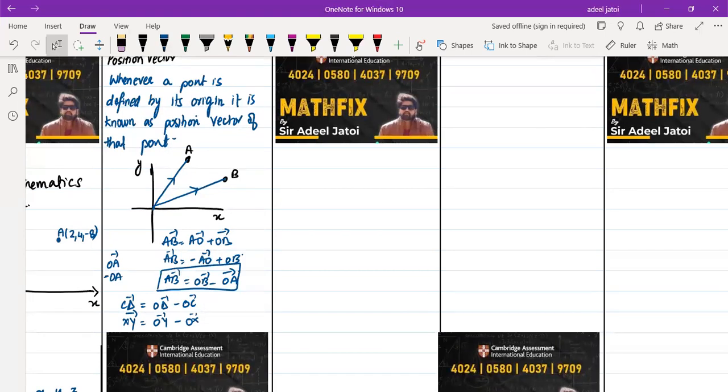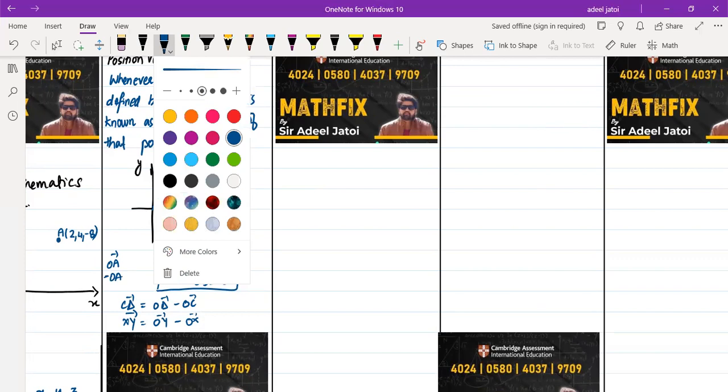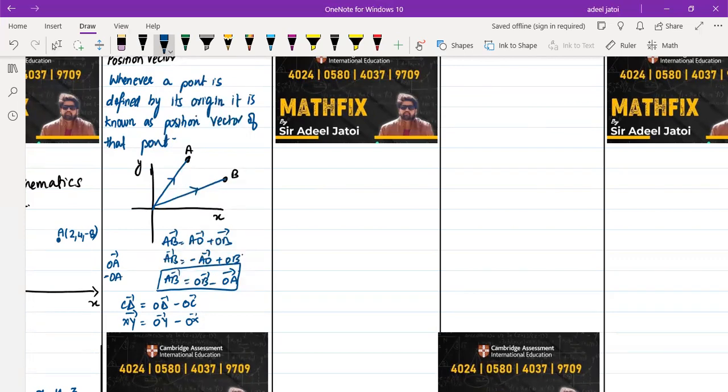But now, since we will be working on 3D figures that will have X, Y, and Z, let's say that A was 2, 4, and minus 8. So we need to write this as OA, which is 2, 4, minus 8. This is in the column vector form.